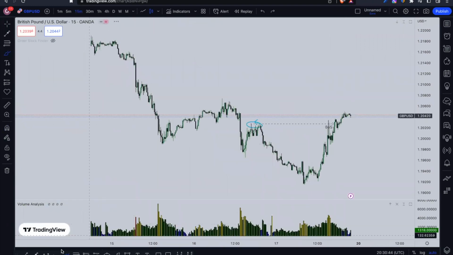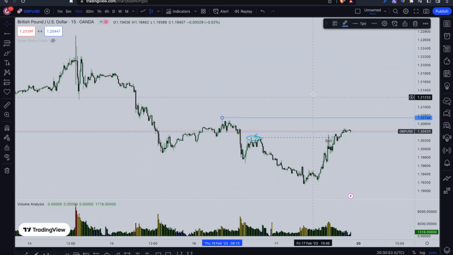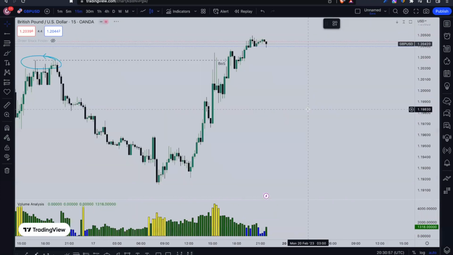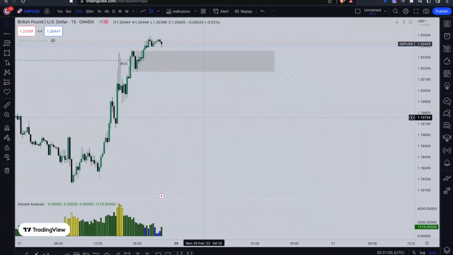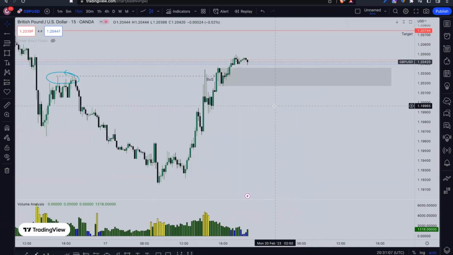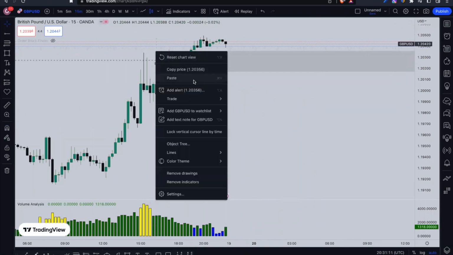We have this high as our target. Okay. Good. And then we have this area here as our possible mitigation zone.